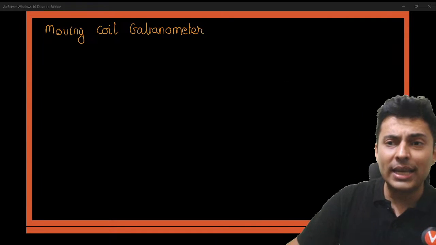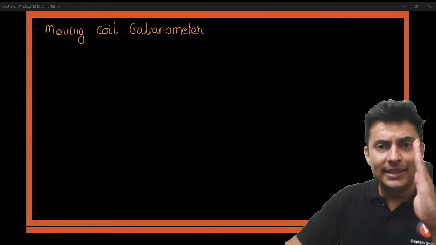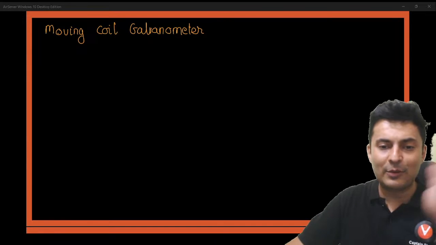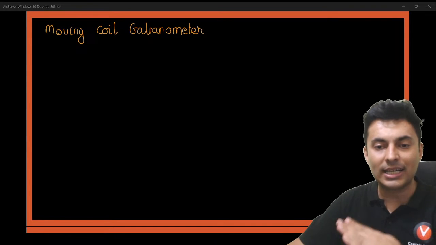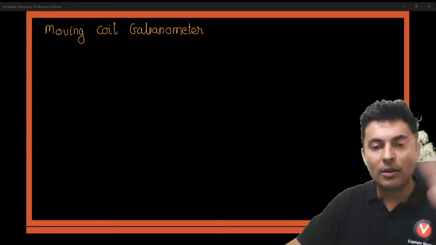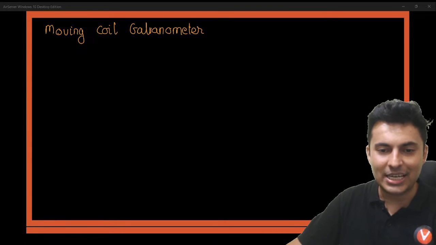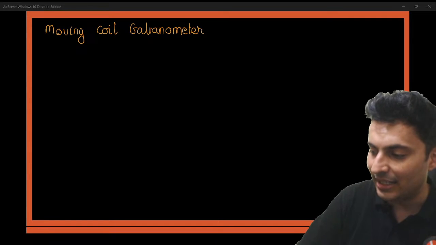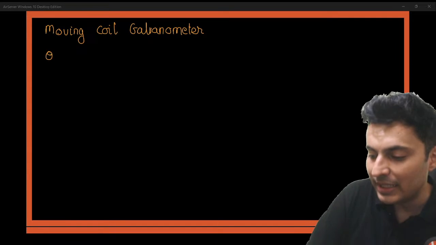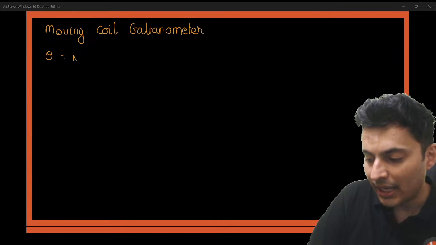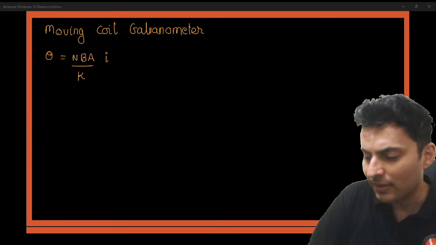Now, for a moving coil galvanometer, you should know that the deflection is directly proportional to the current, but there is also a constant of proportionality. So what is that constant of proportionality? Let's talk about it. Here you have theta, here you have NBA by K, and here you have current.